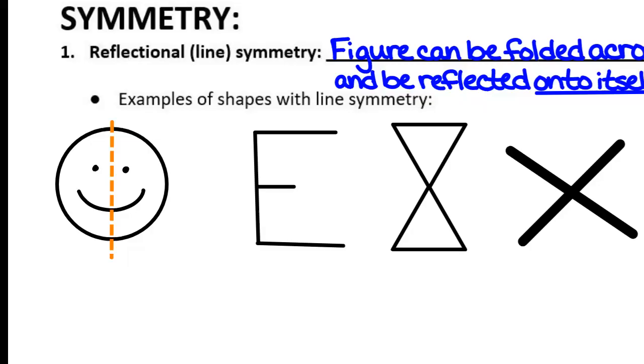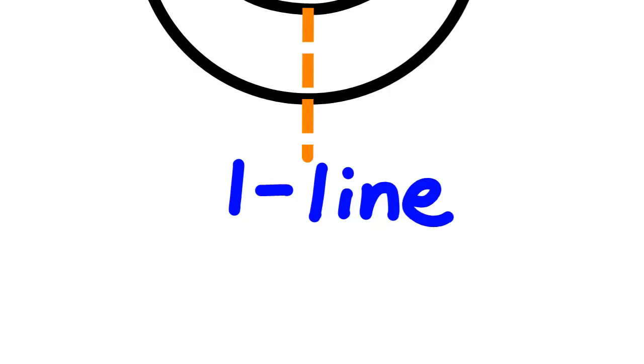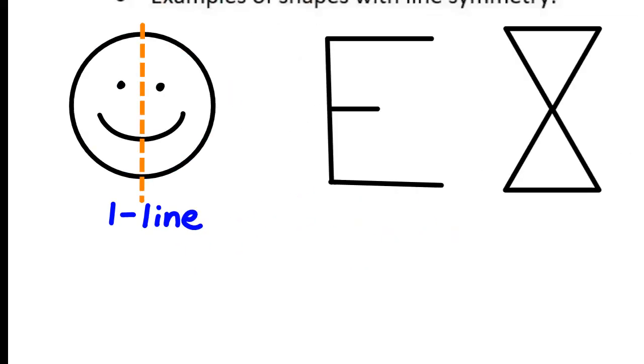That's exactly what we need to be looking for and checking for. This particular figure right here, we say has one line symmetry. This is the only place where I could cut this figure and make the halves match up exactly.